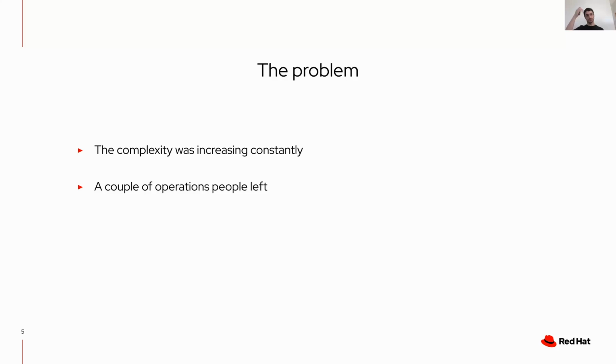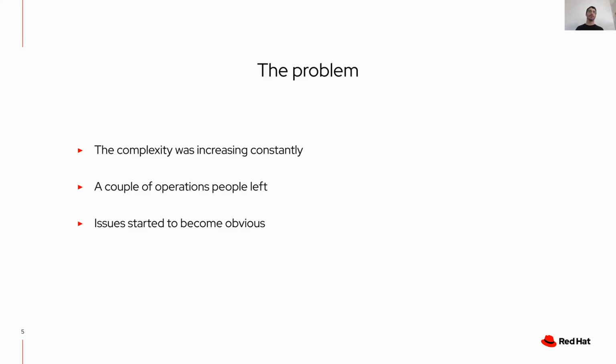They were overworked and stressed, so they left the company and went to other places. Issues started to become obvious because that complexity was somehow managed by all those operation people. But as soon as they started to leave the company, it became more and more obvious that something was not really there.